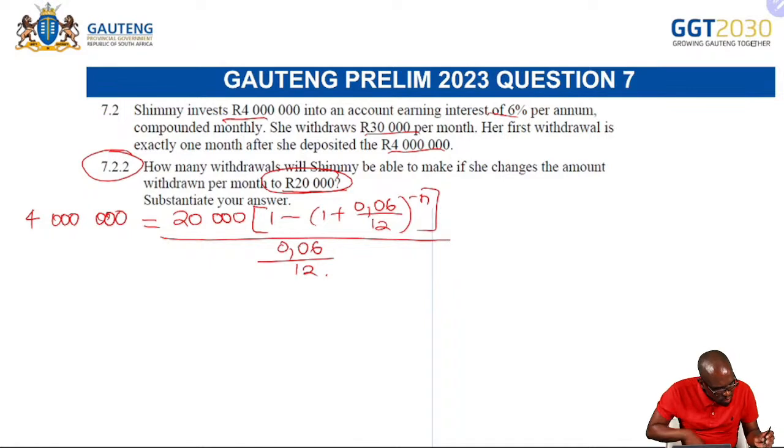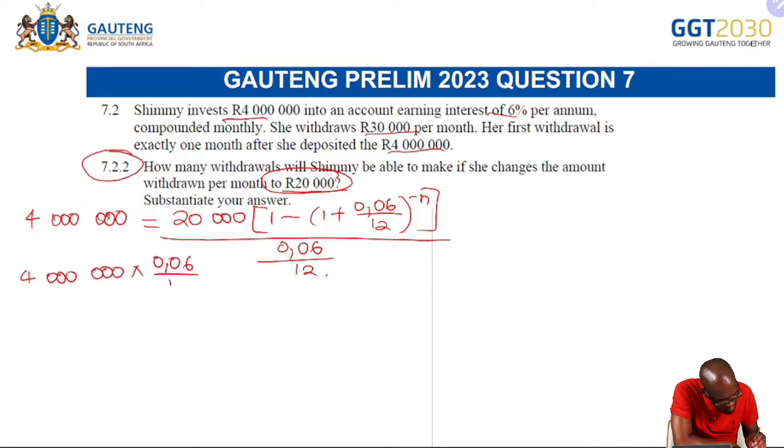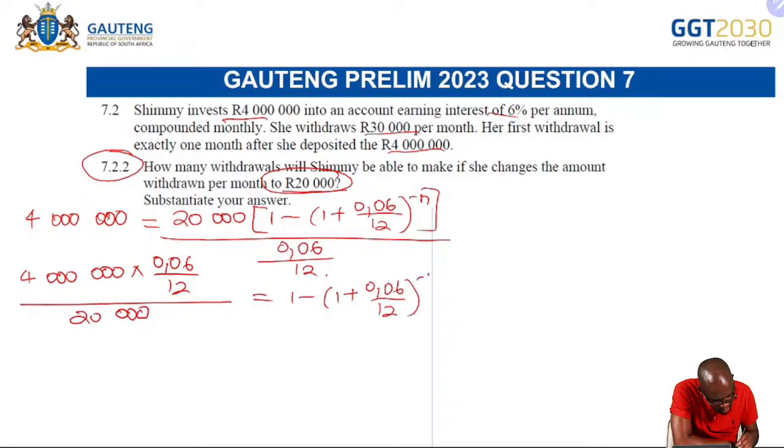Now, if we work this out, we're going to get 4 million times 0.06 over 12 over 20,000, and this would be equals to 1 minus 1 plus 0.06 over 12 to the negative n.